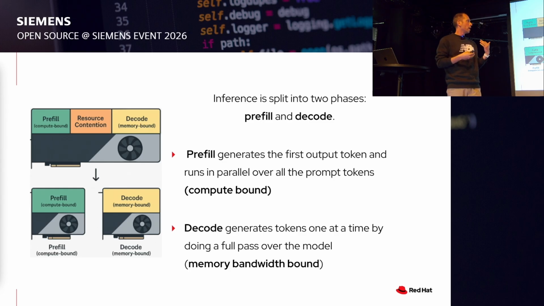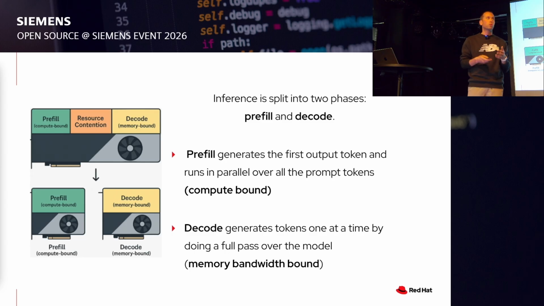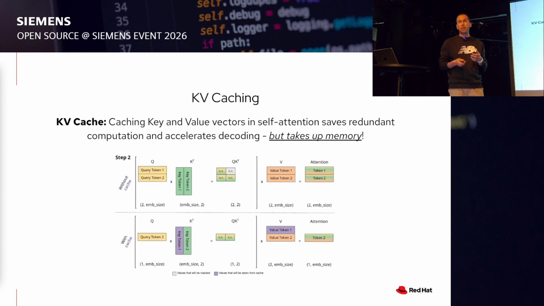And decoding, going over all the tokens that you have in the prompt, it's a very taxing thing for the GPU to do. So that leads us to KV caching.